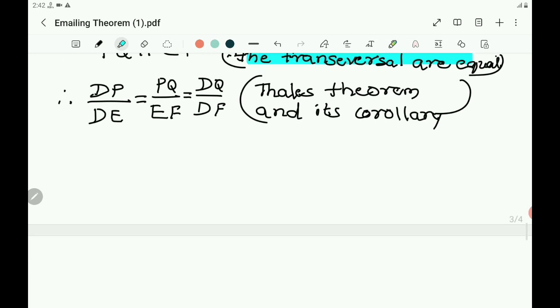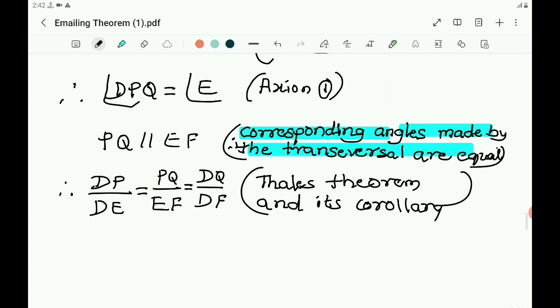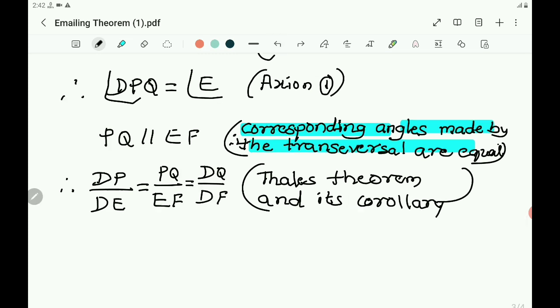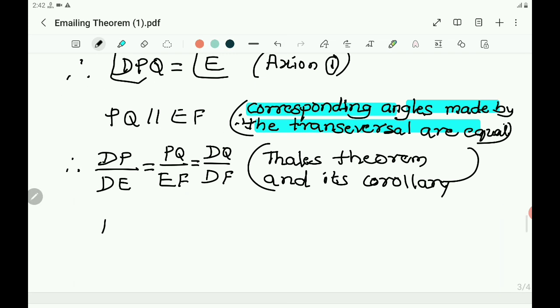So you write DP as AB because DP equals AB. AB by DE equals PQ by EF, means you write BC by EF, equals DQ is to be replaced by what? CA or AC.